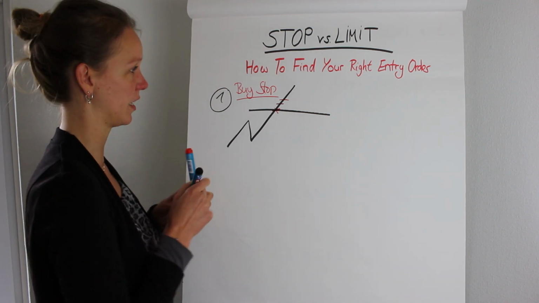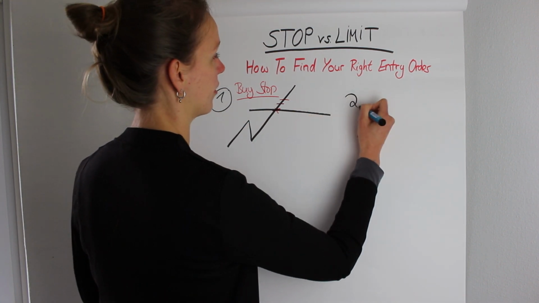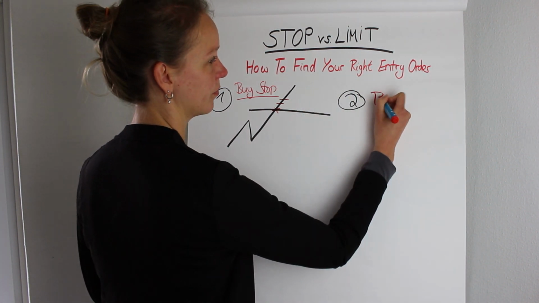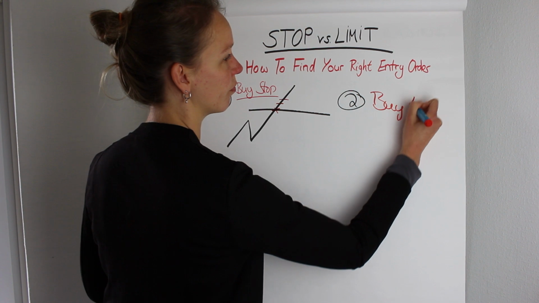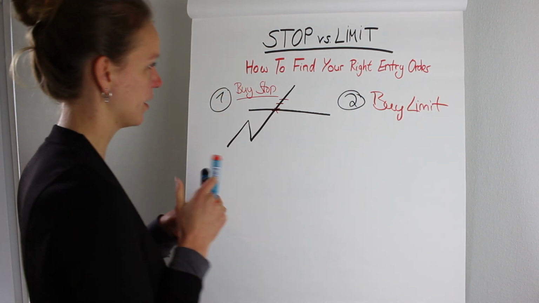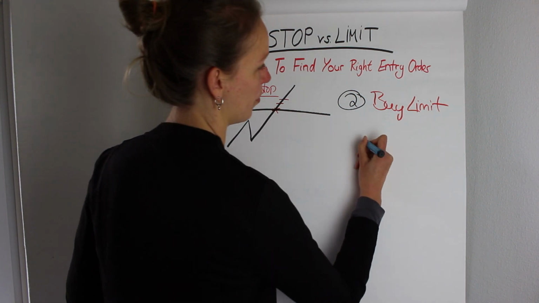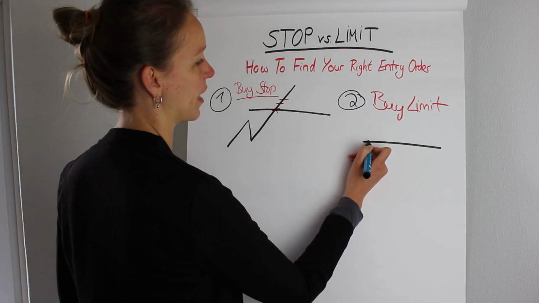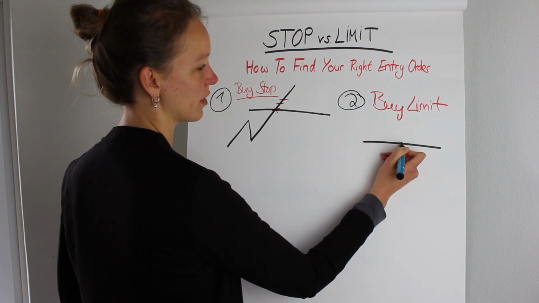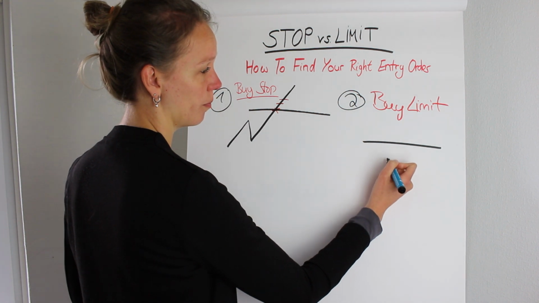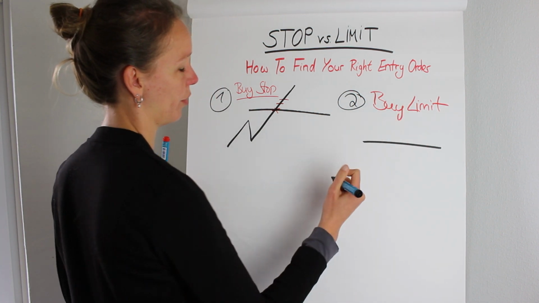Therefore, there's a second type of buy order. It's called the buy limit. And here it's the opposite way. So when we're in an uptrend and we want to enter the market at this area but not higher, so better lower but in no case at a higher point.